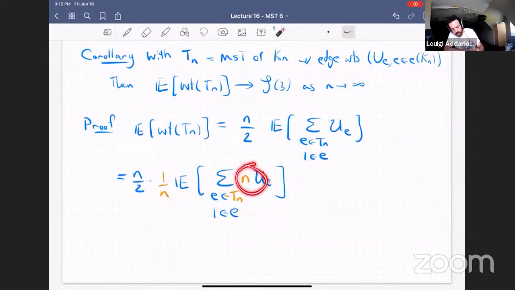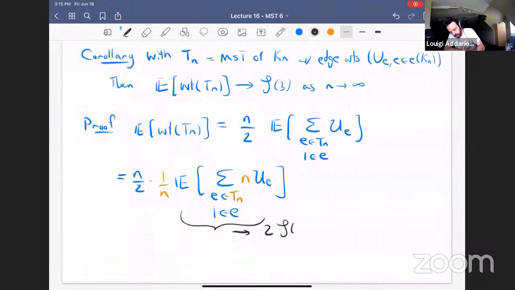Once we multiply here, the fact that the complete graph with these weights converges to the Poisson-weighted infinite tree tells me that this expectation converges to the total weight incident to the root in M. So this is converging to 2 zeta 3. And so this whole quantity converges to n over 2, 1 over n times 2 zeta 3, which is just zeta 3.